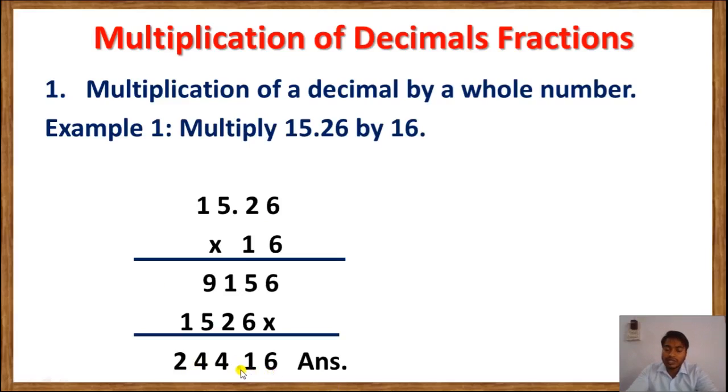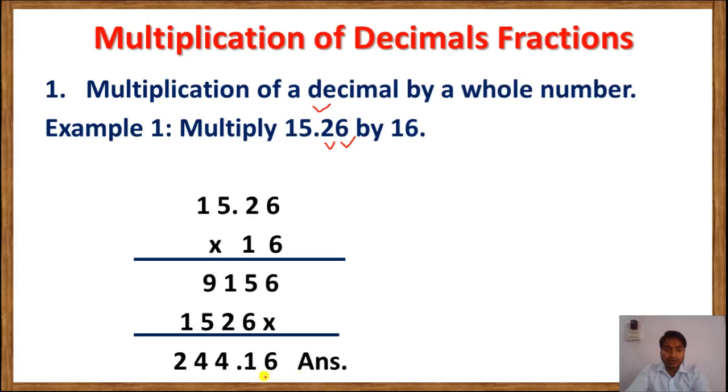Where to give it, that we have to decide according to the question. In this question, in the decimal number you can see we have 2 digits in the decimal part, 2 digits right of the decimal. The same way we have to give 2 digits right of the decimal point in the result also.